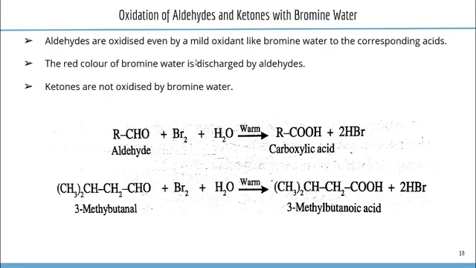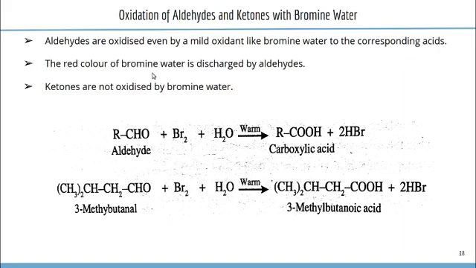This is the last oxidizing agent, bromine water, a mild oxidizing agent. So let us know the oxidation of aldehydes and ketones with this mild oxidizing agent, bromine water. Aldehydes are oxidized even by a mild oxidizing agent like bromine water to the corresponding acids.